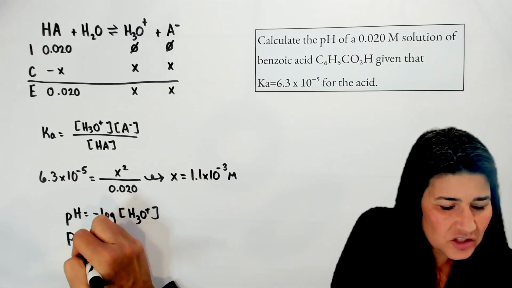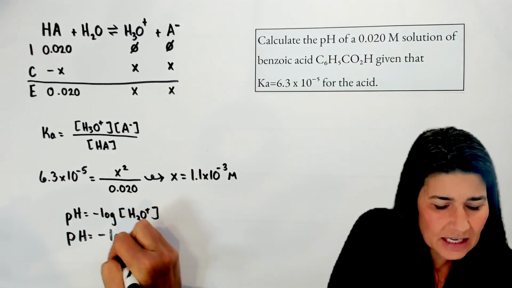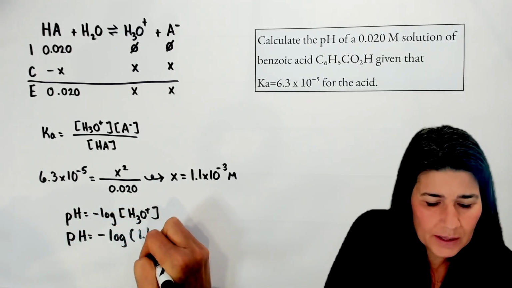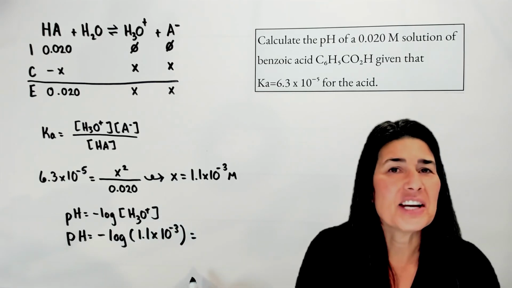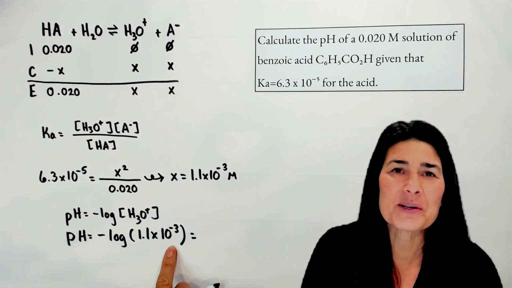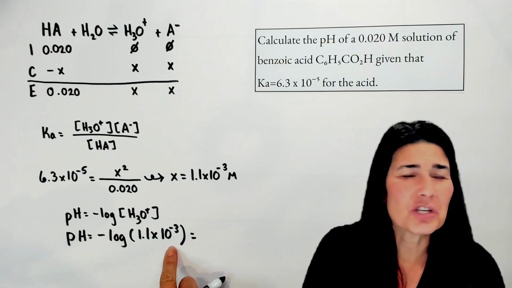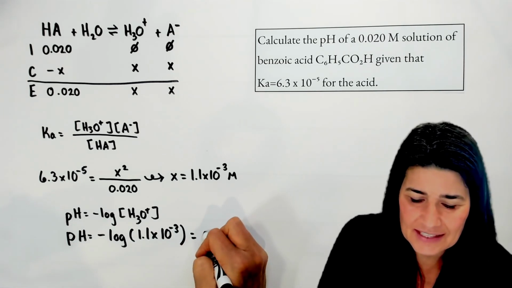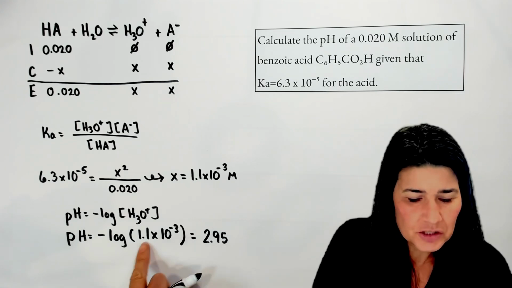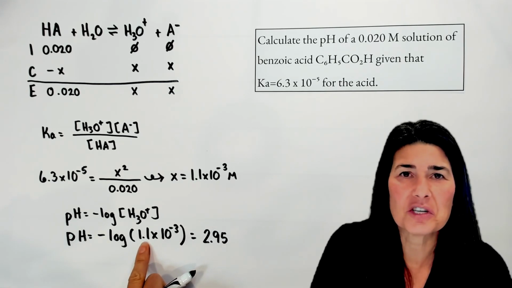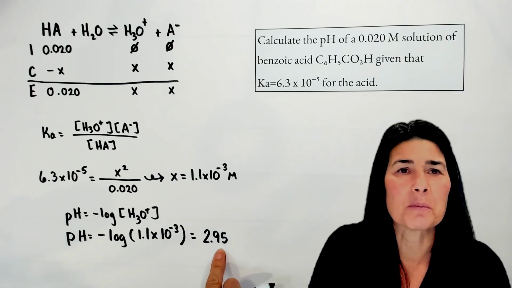The pH here is going to be negative log of 1.1 times 10 to the negative 3. I know my answer is going to be very, very close to 3. It's going to be 2.95. 2 sig figs in my concentration, so I keep 2 decimal places.